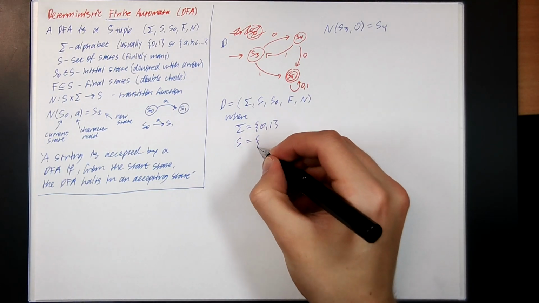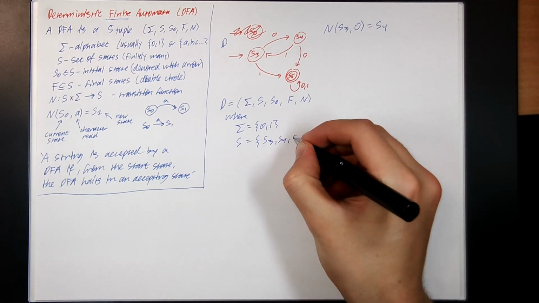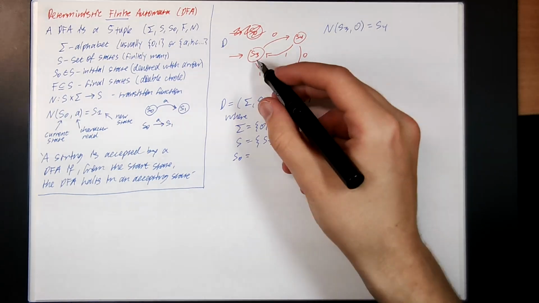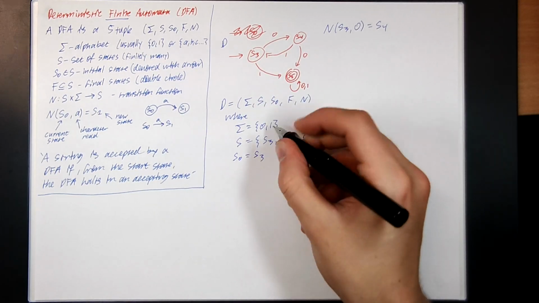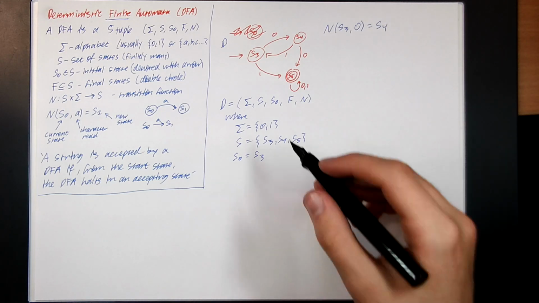S is the set of all states, S3, S4, S5. S naught, which is the initial state, in this case is just S3. There's always only one initial state. If there were more than one initial state, you wouldn't know where to start from.